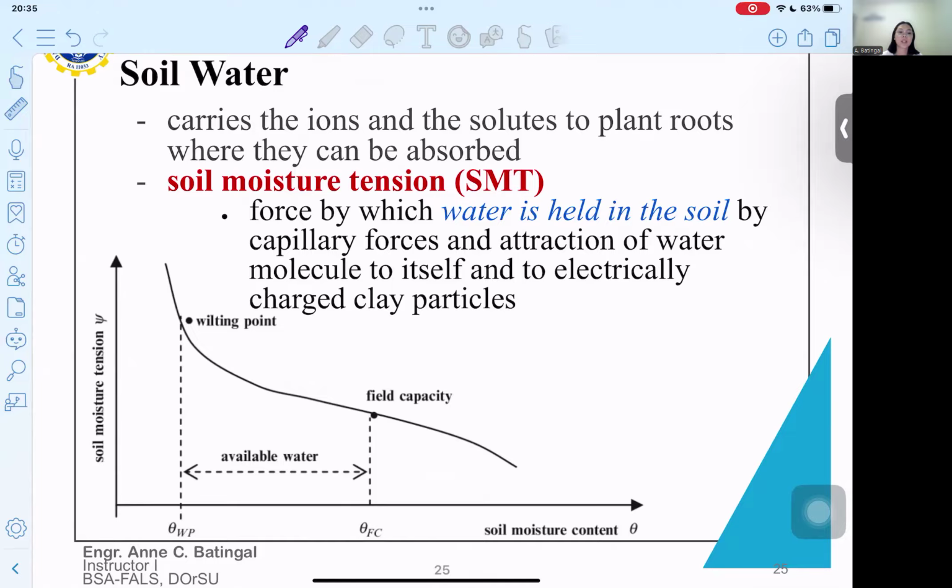Now, what is the importance of soil water? Your soil water again, it ensures that plants get enough water for processes like photosynthesis and nutrient absorption because your plants cannot photosynthesize without the presence of your water.